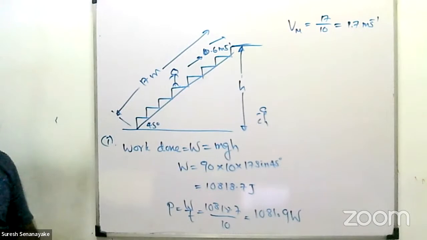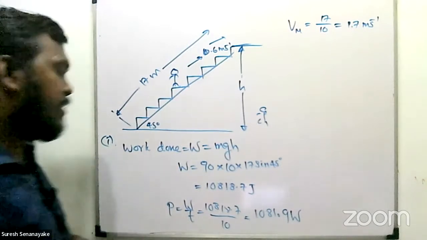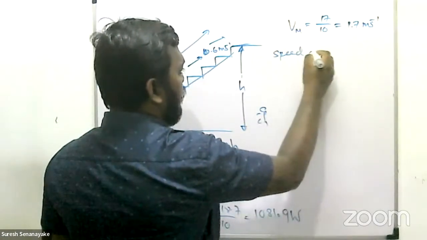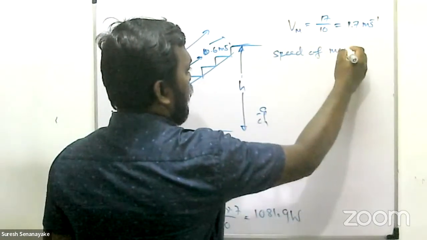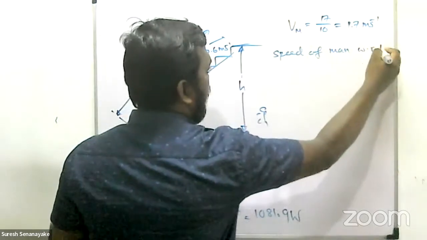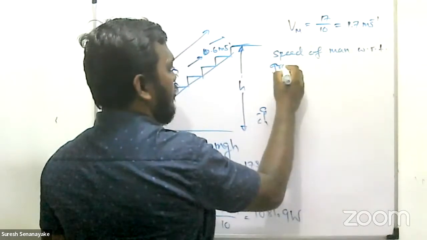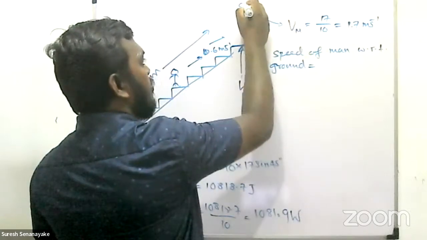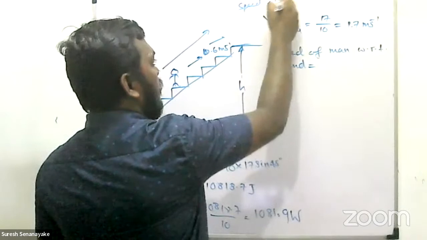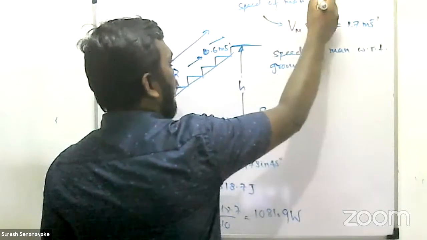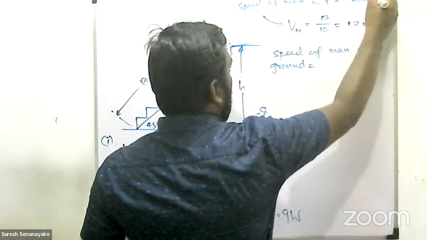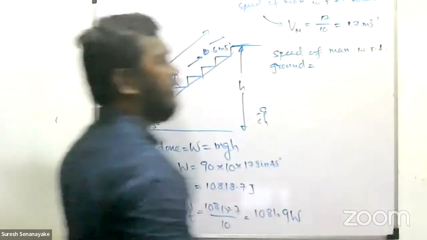Now, what is the speed or velocity of the man with respect to the ground, because this is the speed of the man with respect to the escalator, right?